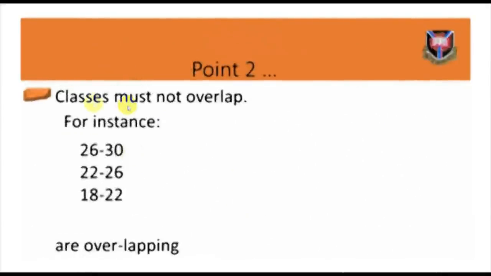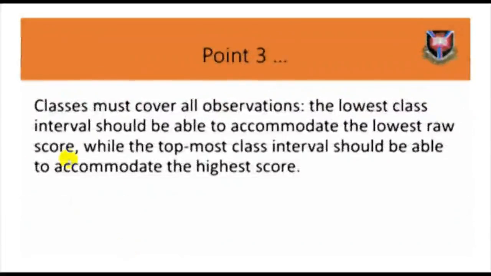This means that the upper limit of a class interval must not be the same as the lower limit of the next following interval. For instance, the intervals 18 to 22, 22 to 26, 26 to 30 are overlapping class intervals.